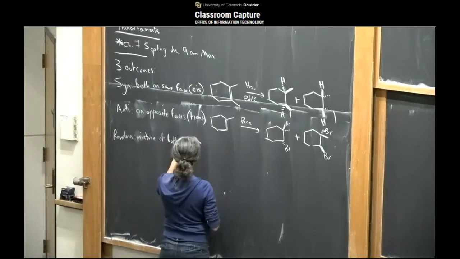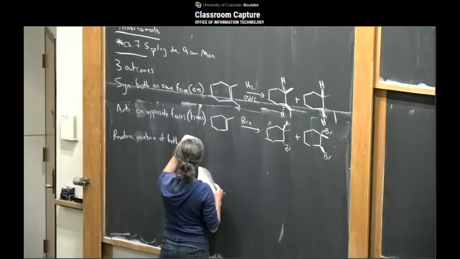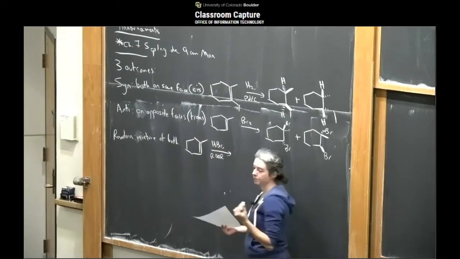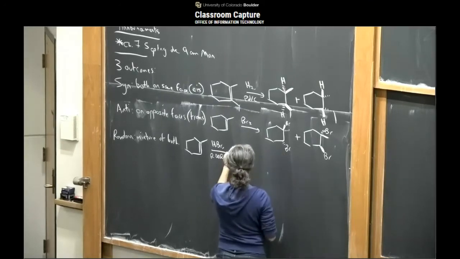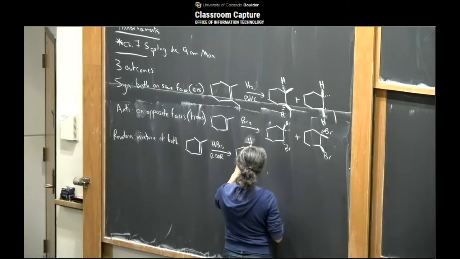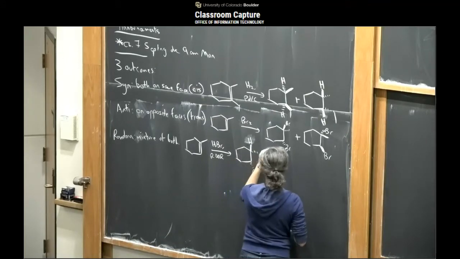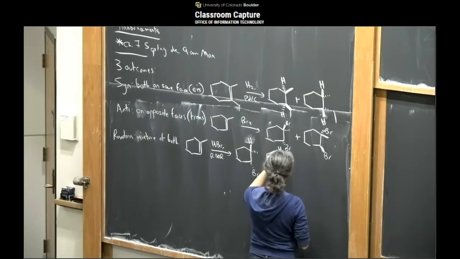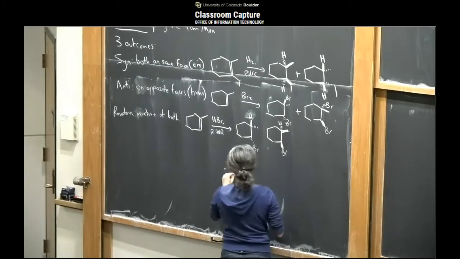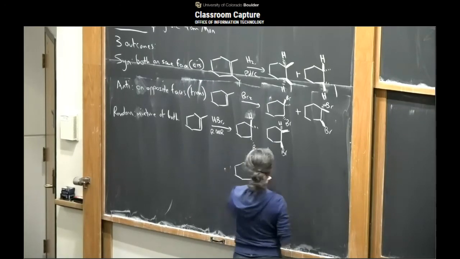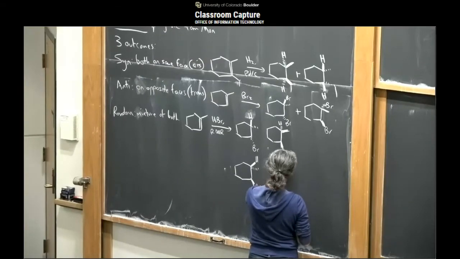So for example, HBr and peroxides could give bold bromine, bold H dash bromine, or dashed H bold bromine, or bold H bold bromine, or dashed H dash bromine.